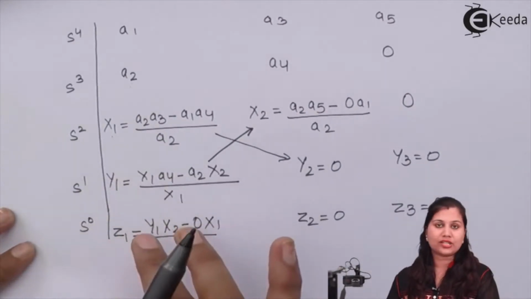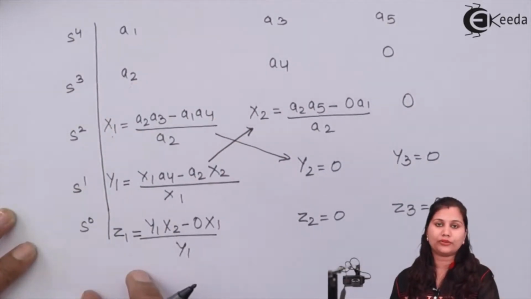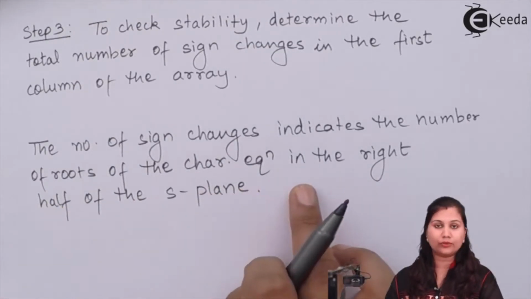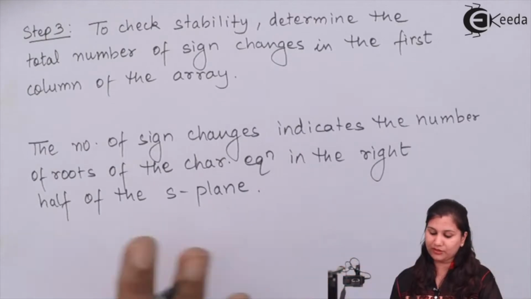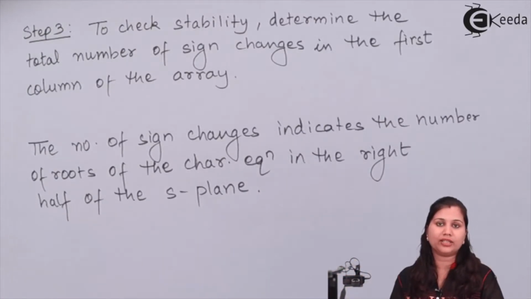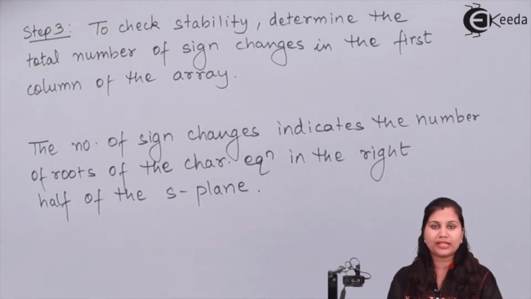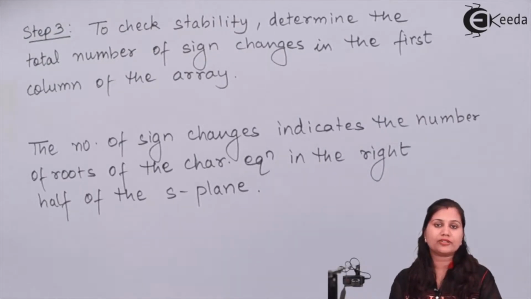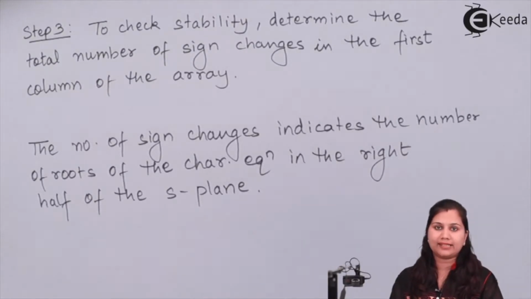These sign changes in the first column of the Routh array indicate the number of roots of the characteristic equation which are lying on the right half of the S plane. And if the roots lie on the right half of the S plane, it means that the system is unstable. So if there is any single sign change in the first column of the Routh array, it means that the system is unstable.